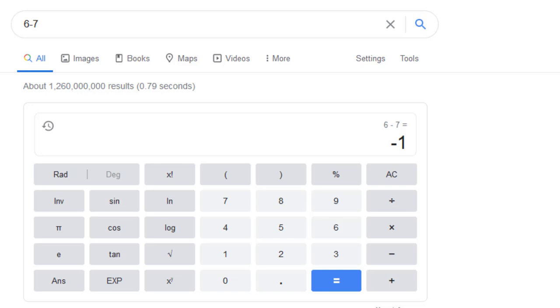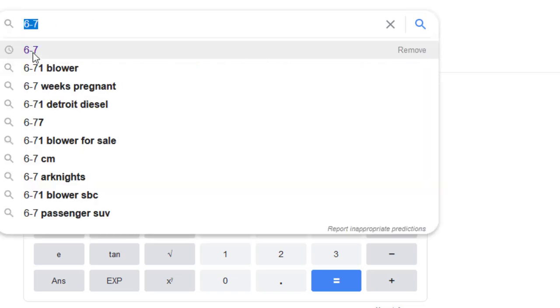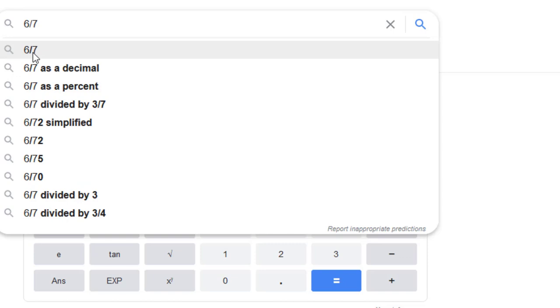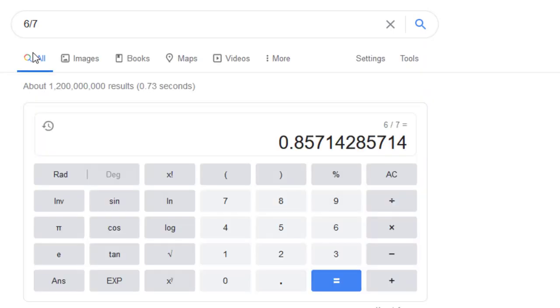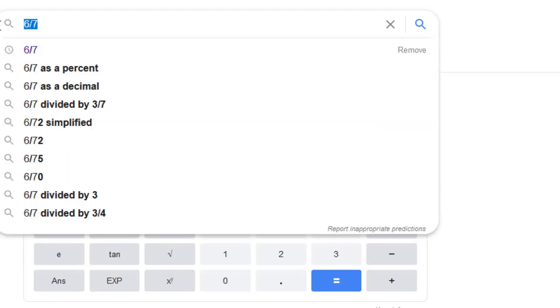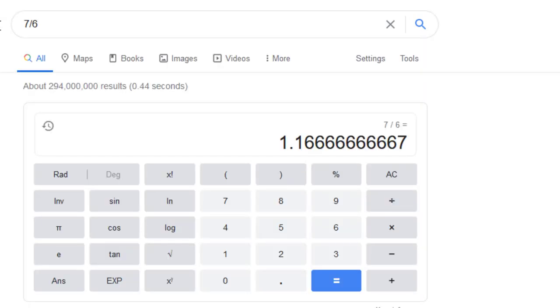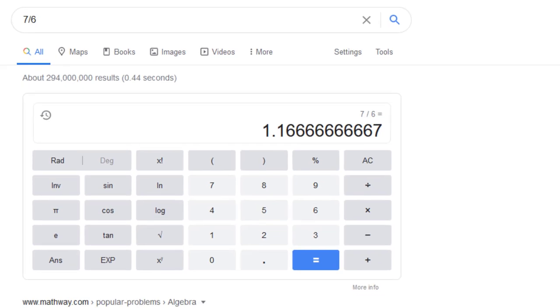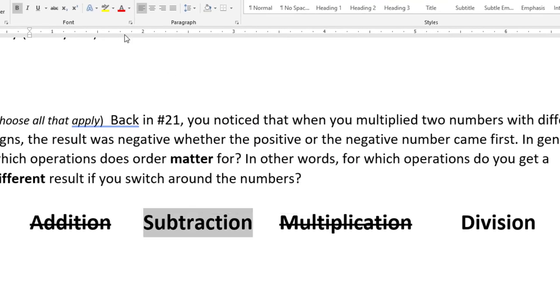Okay, so it matters for subtraction. I mean, we just found an example, which means it matters. And let's look at division. Let's use the same numbers: 6 divided by 7, and 7 divided by 6. There's a difference there too. So it sure looks like it matters for subtraction and it matters for division.